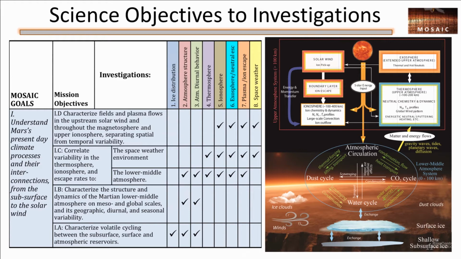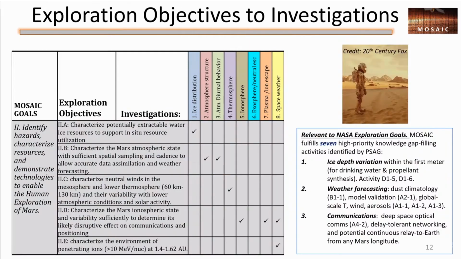So this is how we arranged the traceability, and as you can see, multiple investigations are necessary to address the objectives, and all of the objectives are necessary to achieve the overall goal in its entirety.